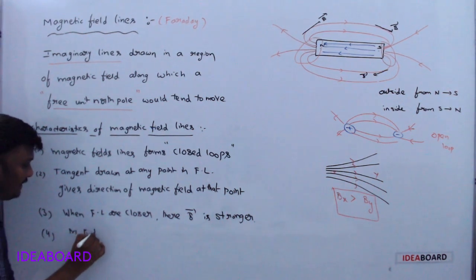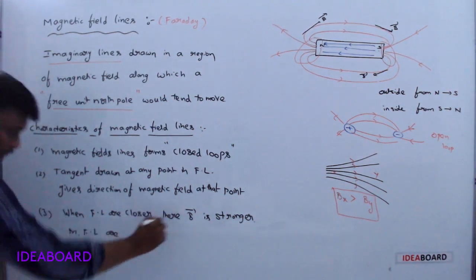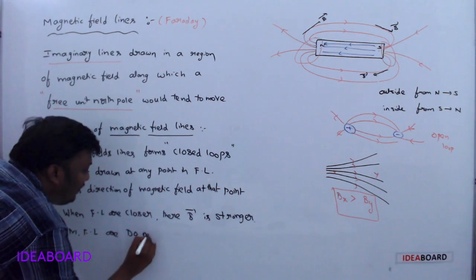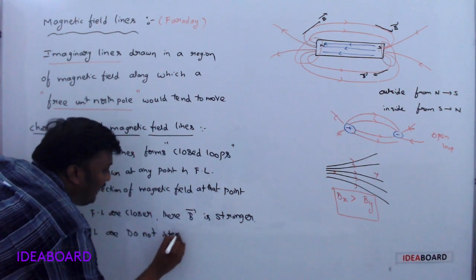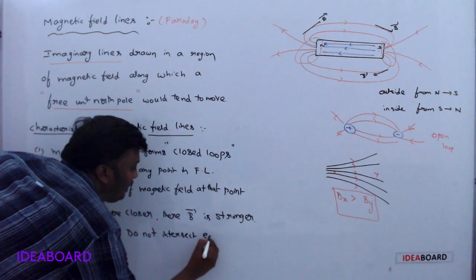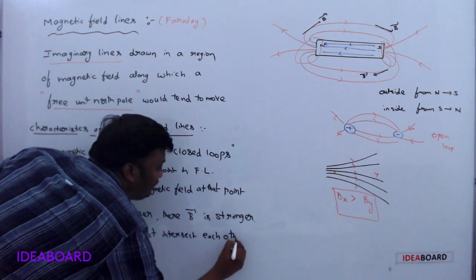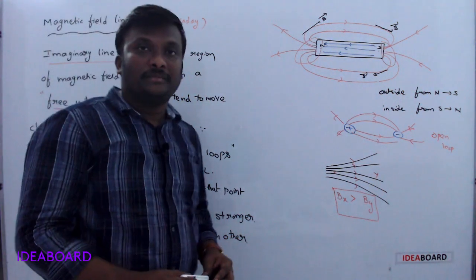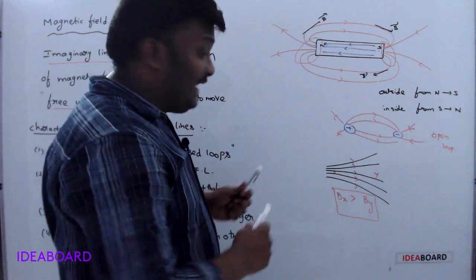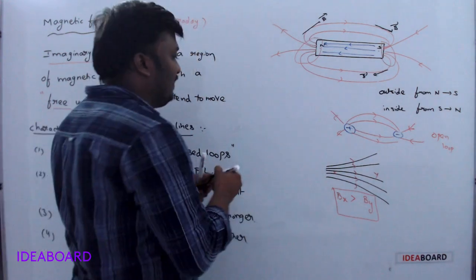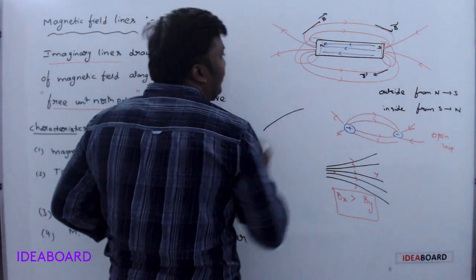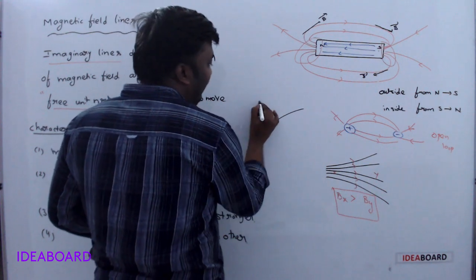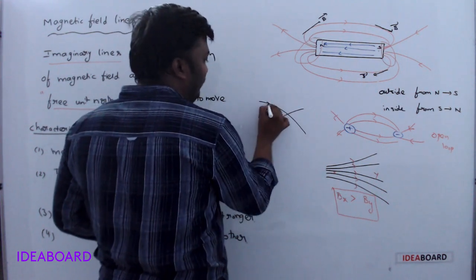Understand? Next, the fourth one is magnetic field lines do not intersect each other. Okay, sir, if they intersect, what happens? Suppose this is one magnetic field line, and this is another magnetic field line.